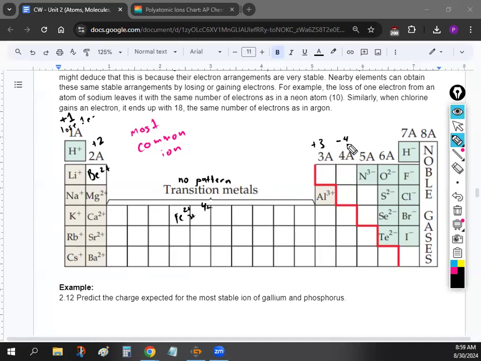Technically, the most common ion is -4, but usually they form a different type of bond, so we can just ignore that for right now. But you can write -4 if you'd like.